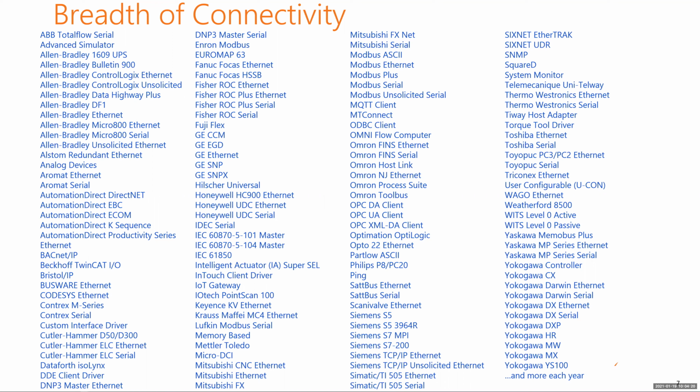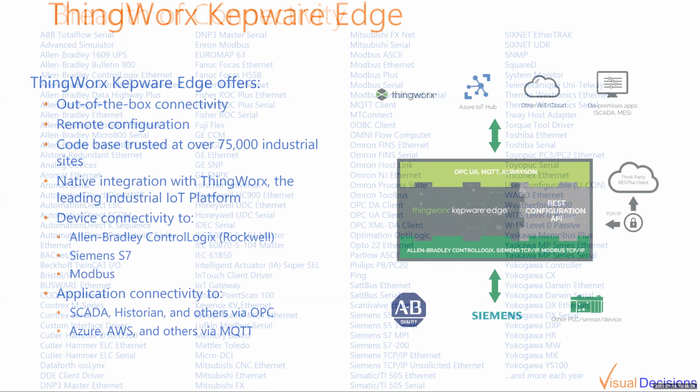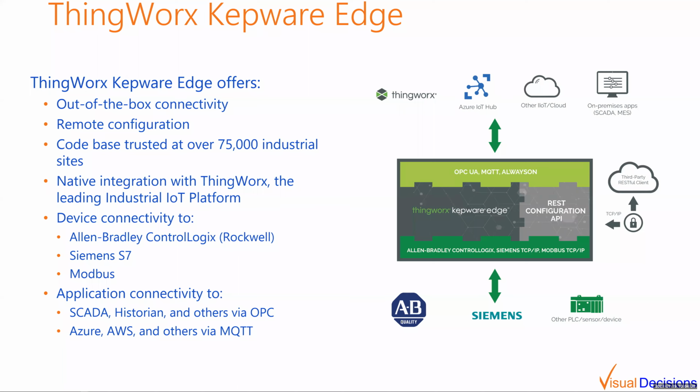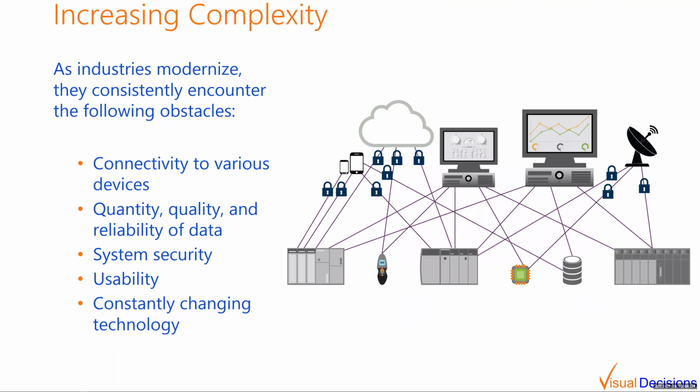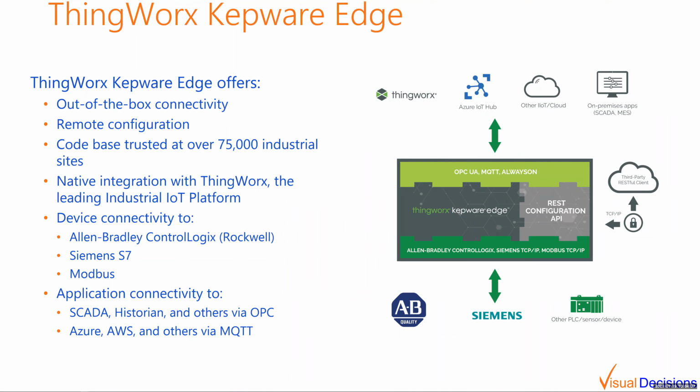But there are ways to get connected to just about anything that you have out there. Very briefly as well, Kepware can be installed at the edge. And if you have more questions about that type of use case, let me know, and we can go into that in a separate conversation.